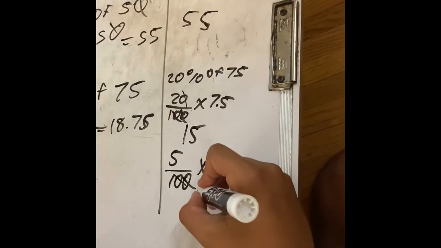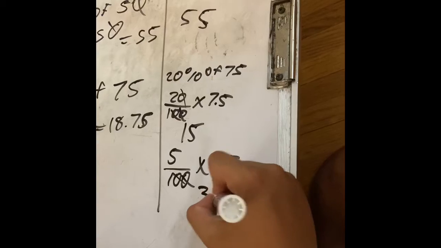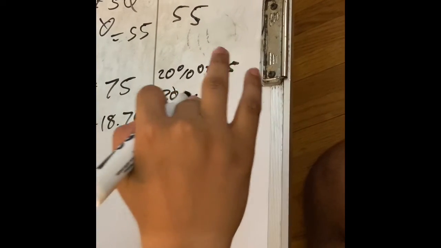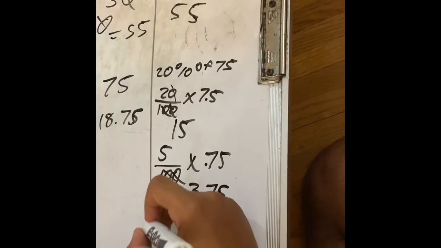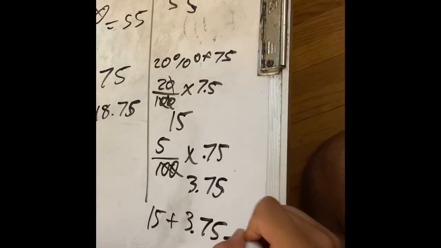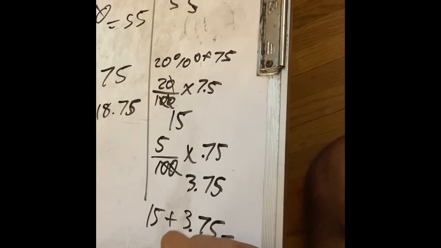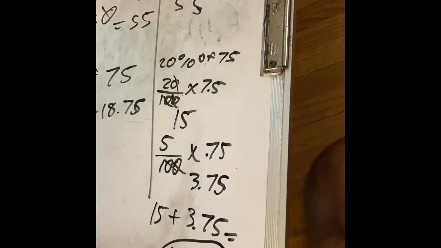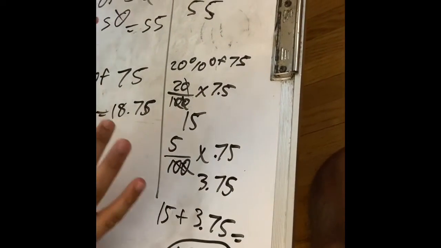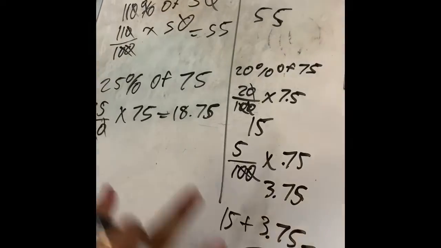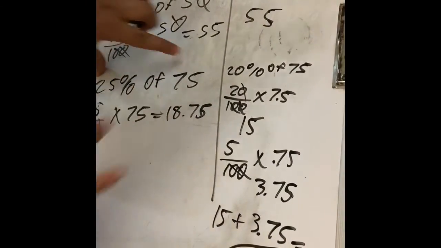Now we get 3.75. So now what do we do with 3.75 and 15? Well, we add them. So 15 plus 3.75. And what do we get? We get 18.75. So this is a method that you can use when you're dealing with questions like this.